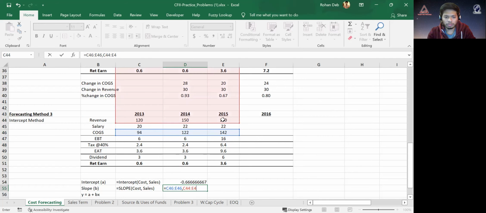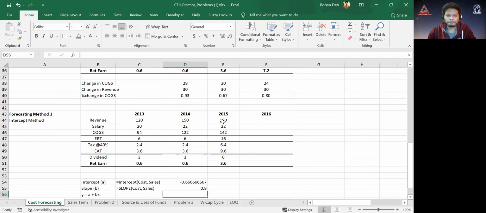Sorry, equal to slope, the cost, take the sales. Okay, so the intercept is coming at minus 0.66, and the slope is coming at 0.8. Now the formula to get y is equal to a plus bx. Here sales would be x, and y would be the COGS.